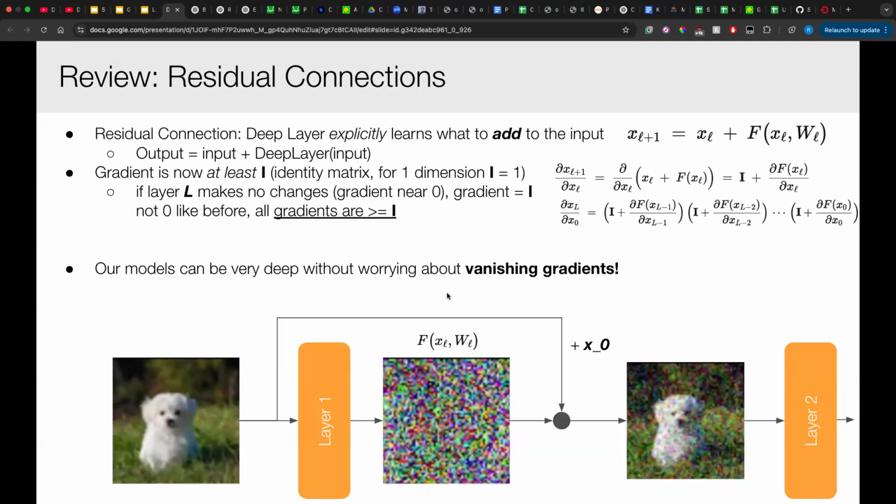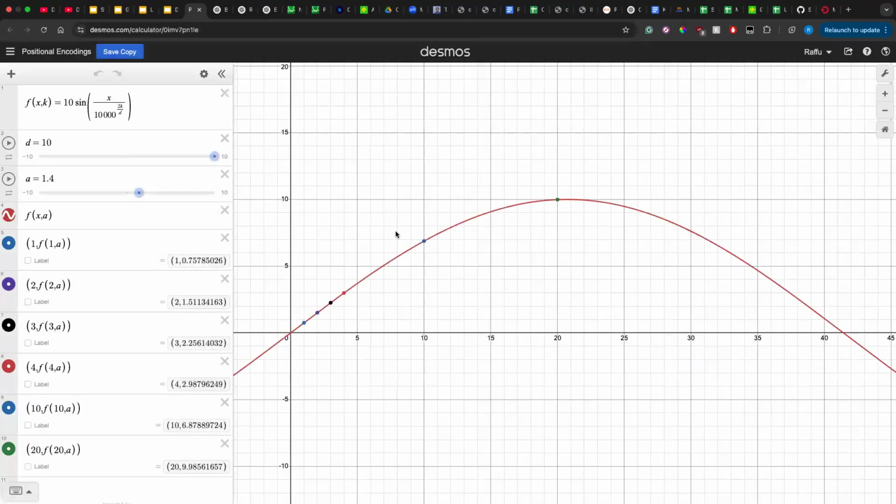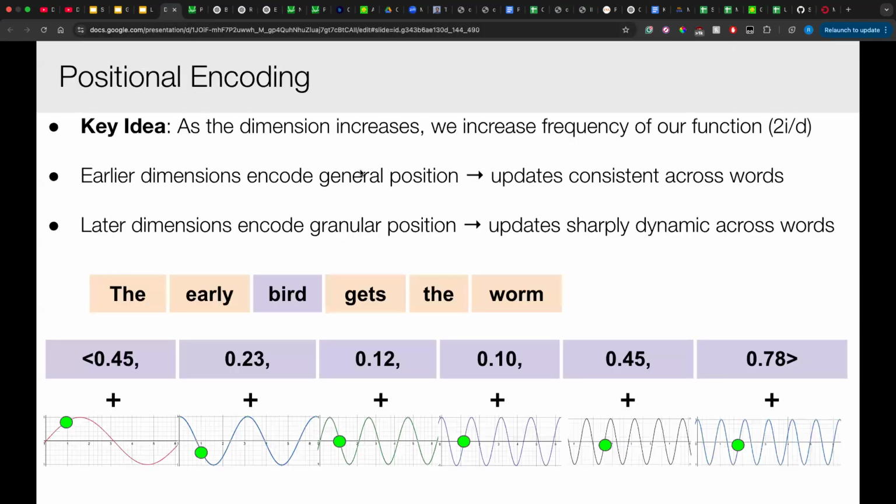Okay, so the second thing was positional encodings. Does everyone remember how sinusoidal positional encodings work? All right, I saw 2 hands out of 5. So the way positional encodings work is that your encoding might be, let's say, d dimensions. The purpose of this encoding is that it represents what time step you are at in your image.